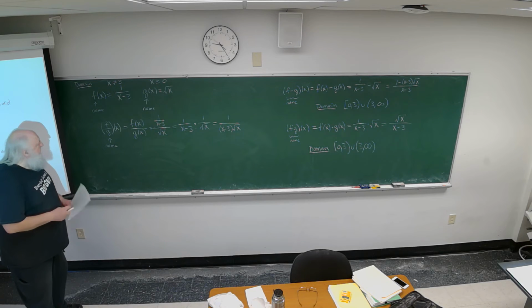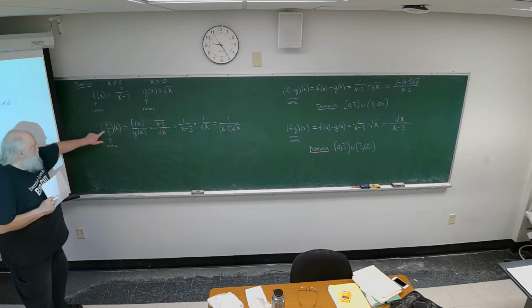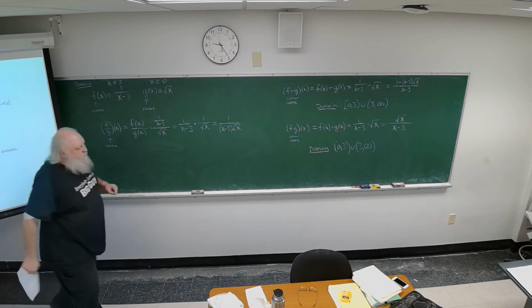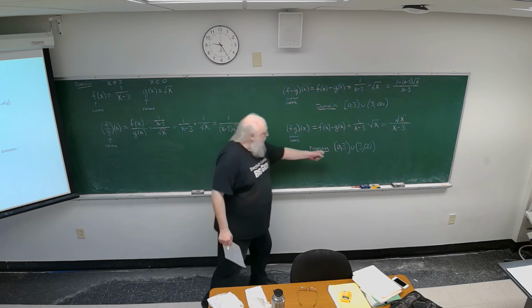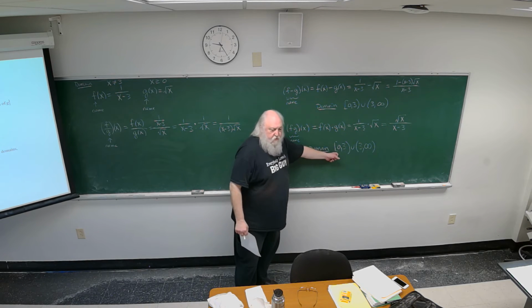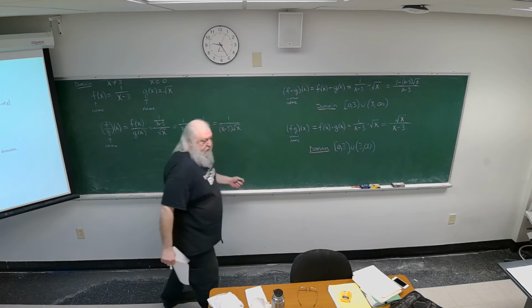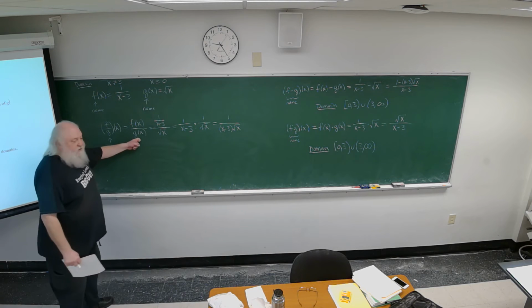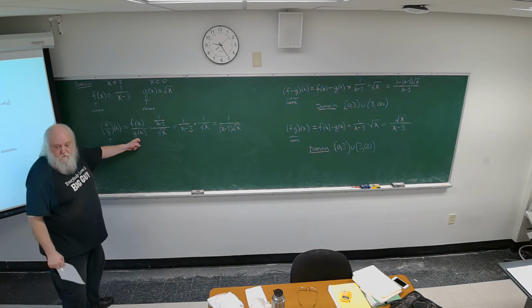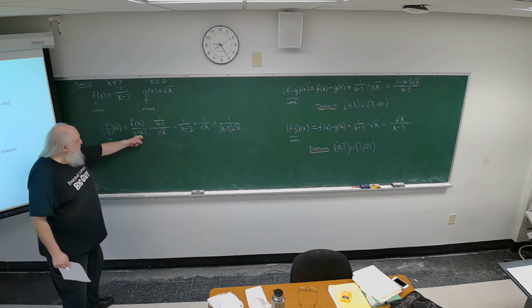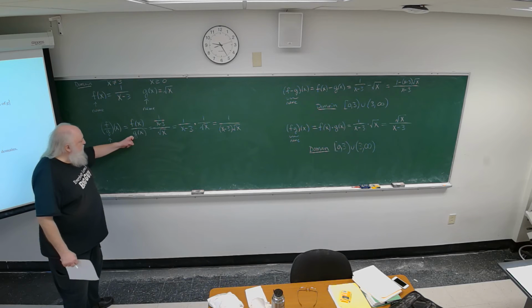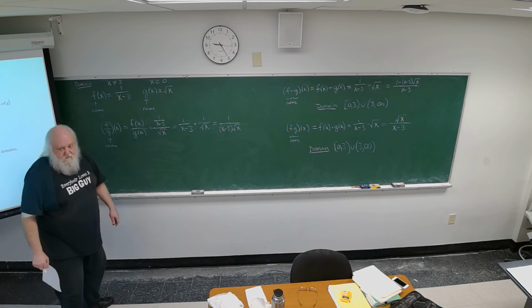Now the domain for this function begins with this, but it has one additional restriction. You got to eliminate those values of x that make g of x equal to 0, right? Because if a value of x makes g of x equal to 0, you're dividing by 0, and division by 0 is undefined.